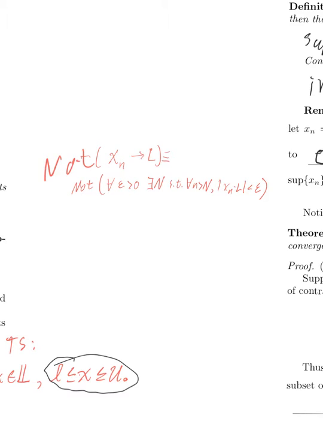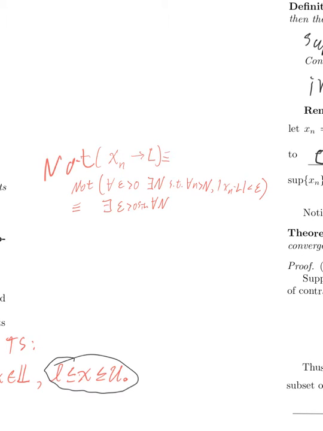It is not the case that for every epsilon bigger than 0, some stuff happens. So there must exist an epsilon for which that stuff doesn't happen. And what is that stuff? That stuff is there exists an n such that some stuff happens. So I'm going to assume that there does not exist an n such that some stuff happens. So that means that for all n, that stuff does not happen.